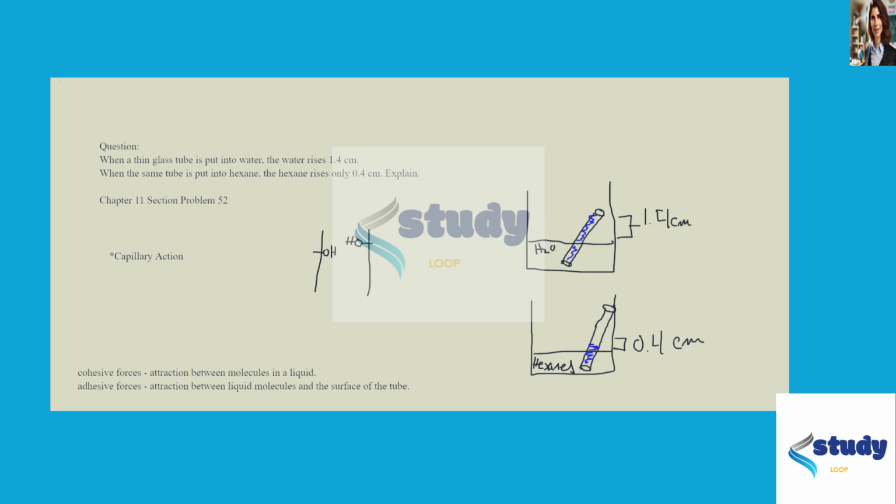So the reason why water will rise further in a given tube than hexane is because of an increase in the adhesive forces. So the water molecules are more strongly interacting with the sides of this tube and are being pulled up the sides of the tube.